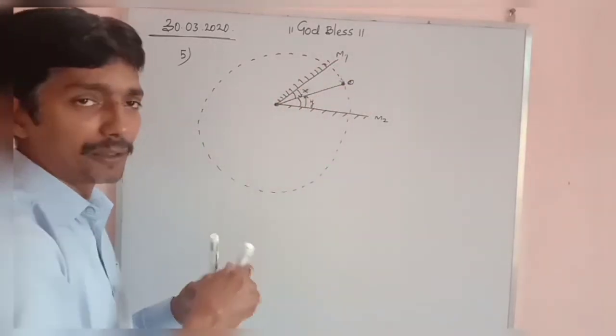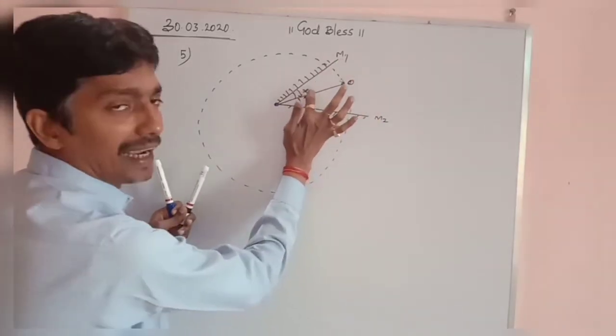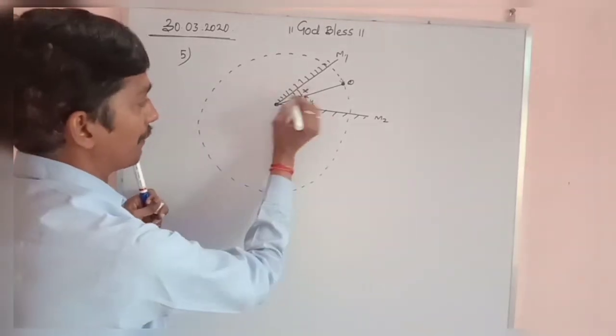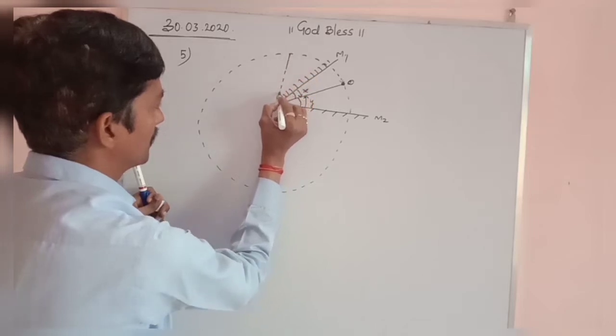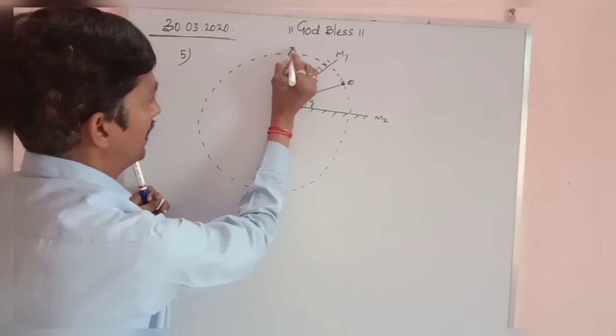Now according to the rule, what will happen? From mirror M1, at what angle is the object? At angle X. So by the rule, it will make another image at X on this side.